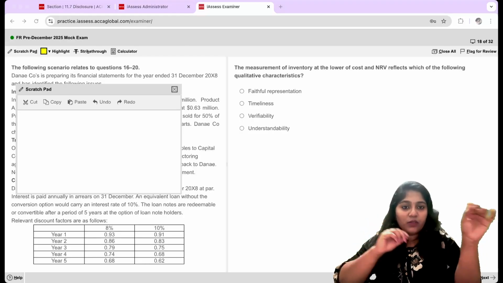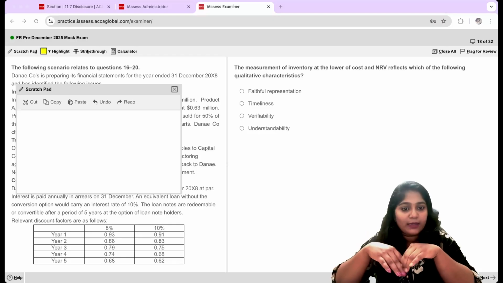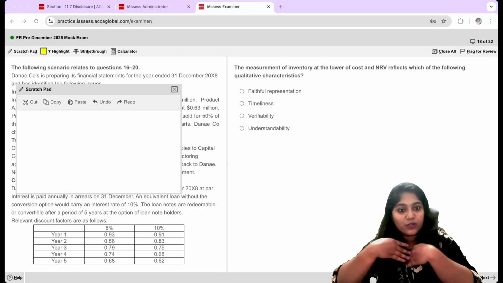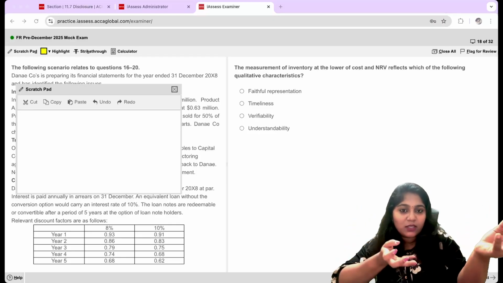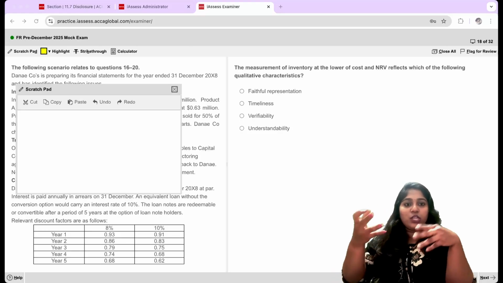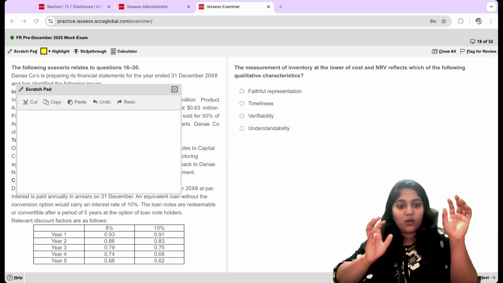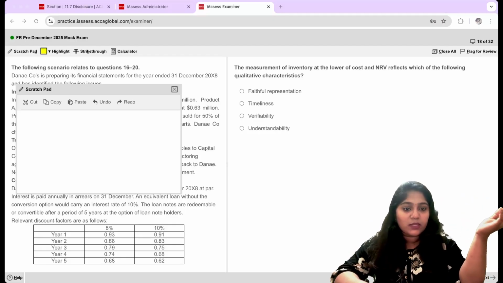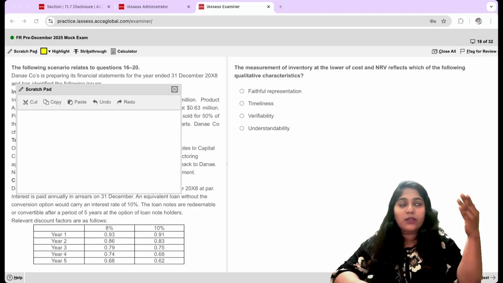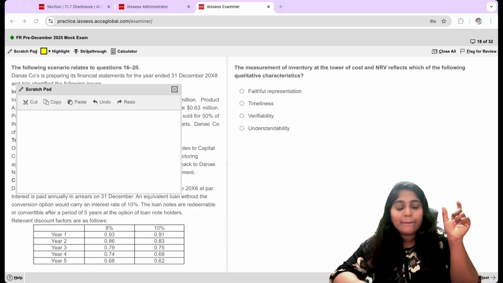The measurement of inventory at the lower of cost or NRV reflects which of the qualitative characteristics? As far as I know, it's going to be faithful representation. Because it's not timeliness, because whatever you change, cost or NRV, at the end of the day you will provide the information on a particular date only. I don't think it's a big deal. And understandability and verifiability are all enhancing qualitative characteristics. Faithful representation is very basic.